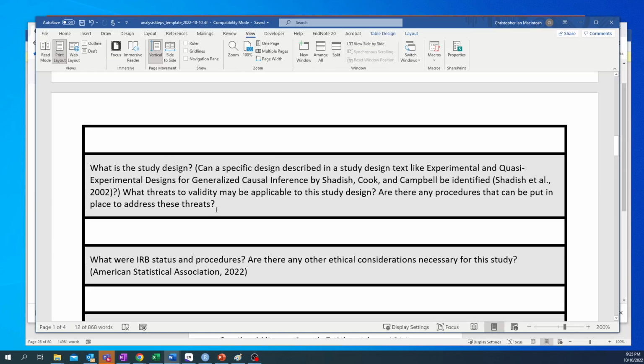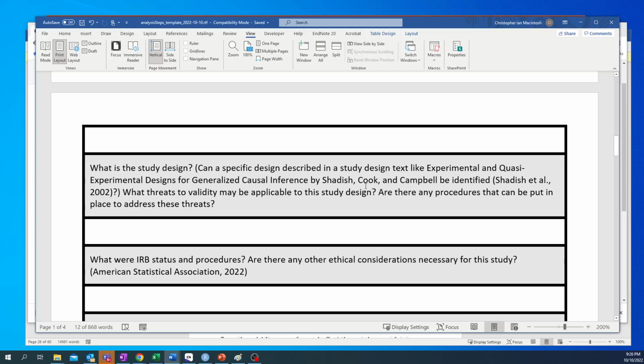What is the study design? And we're not going to get into study designs in this course, but the specific study designs do play a role in what kind of inferences you can make from your analyses. I have listed a study design text that I like a lot by Shadish, Cook, and Campbell.